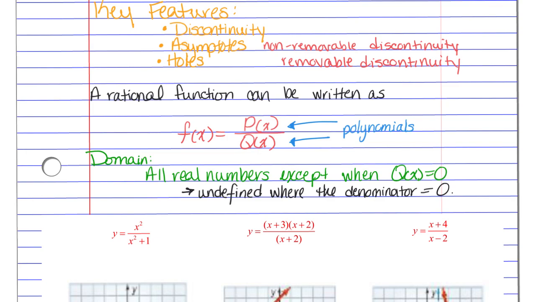So we use the polynomial in the numerator when we're looking for x-intercepts, and we use the polynomial in the denominator when we are looking for points of discontinuity or where the function's undefined. So the domain of any rational function is all real numbers with the exception of those points of discontinuity, the places where our graph is considered undefined or where our denominator is equal to 0.